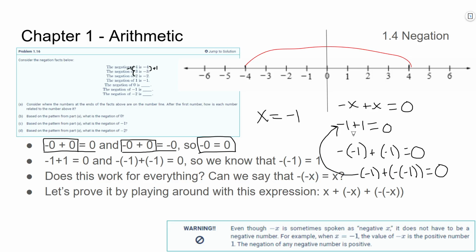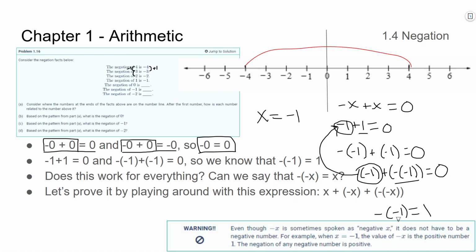And they both equal 0. So if this -1 term is the same, and our result is the same, then we can conclude that -1 equals 1, because these have to be the same. If everything else is the same, then those two have to be the same.